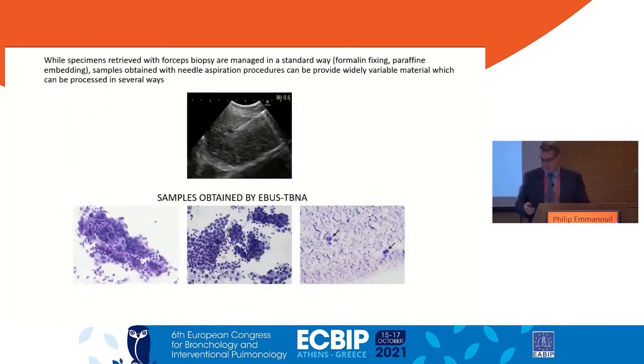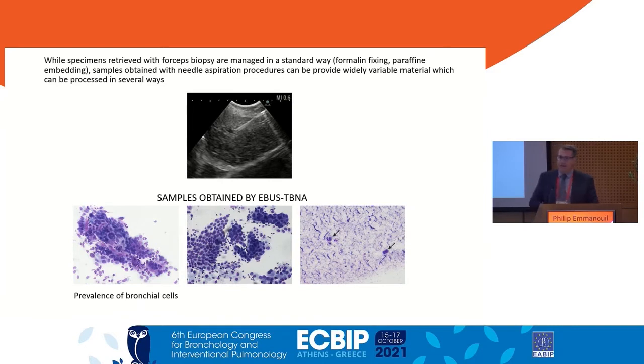The results for the patients are much better when we use ROSE, because when we do TBNA in general and EBUS TBNA in particular, our samples with the needle can have various pictures.